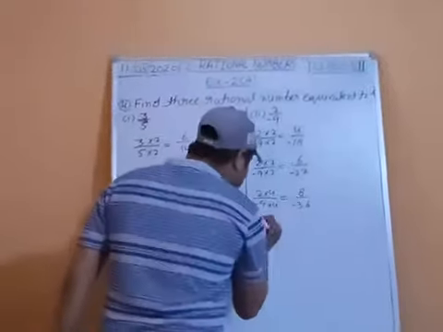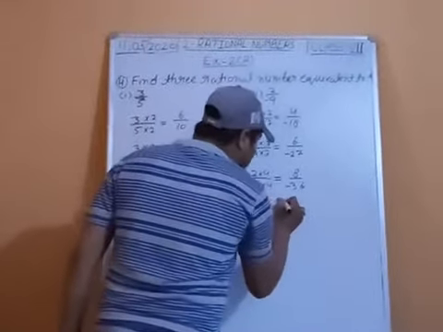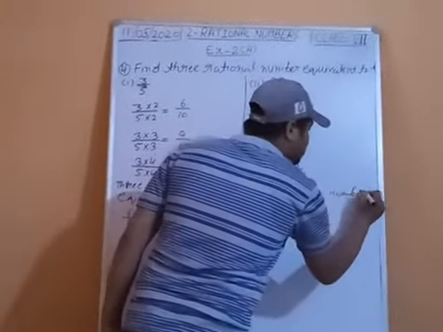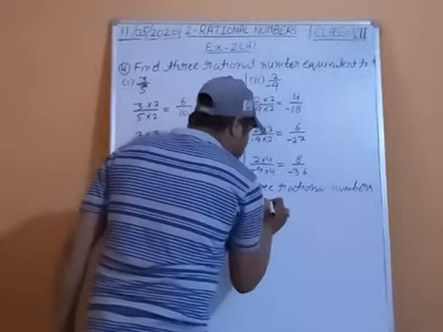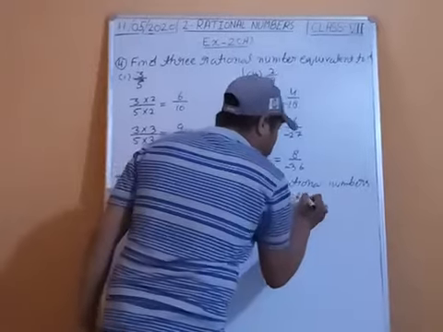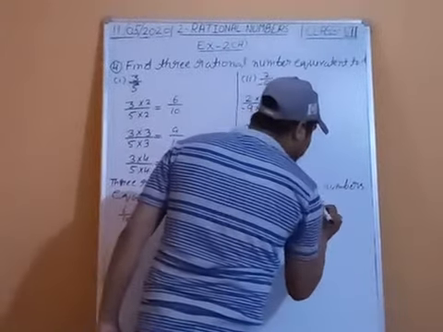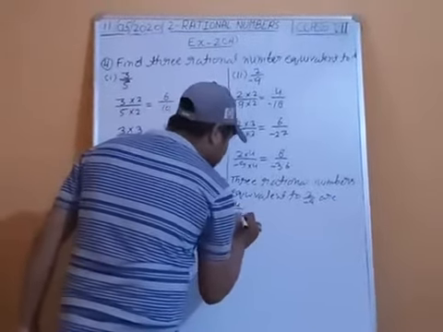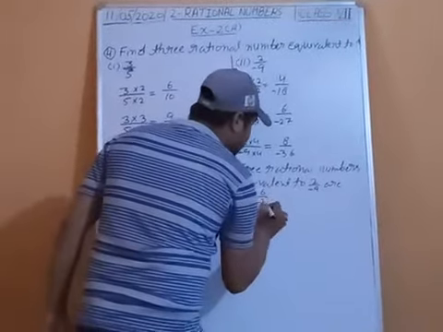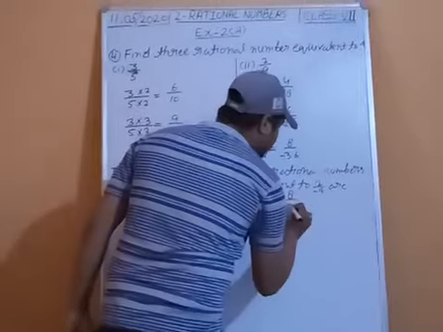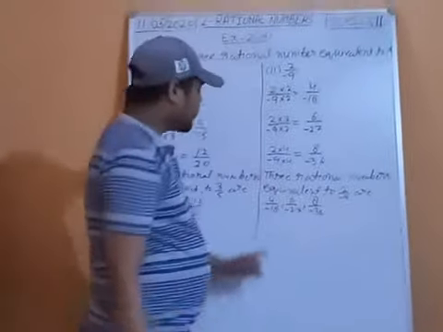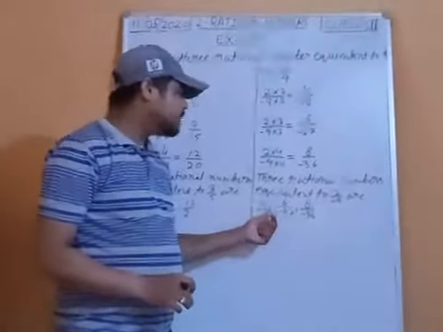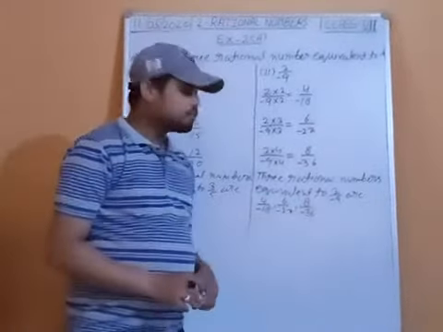So 3 rational numbers equivalent to 2 upon minus 9 are 4 upon minus 18, 6 upon minus 27, 8 upon minus 36. We can write this minus sign with the numerator also.